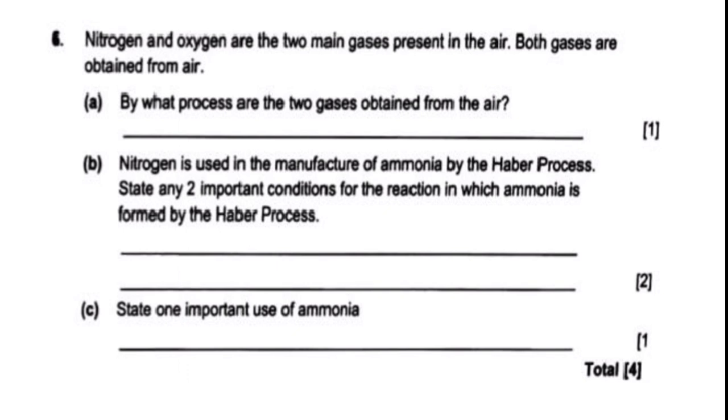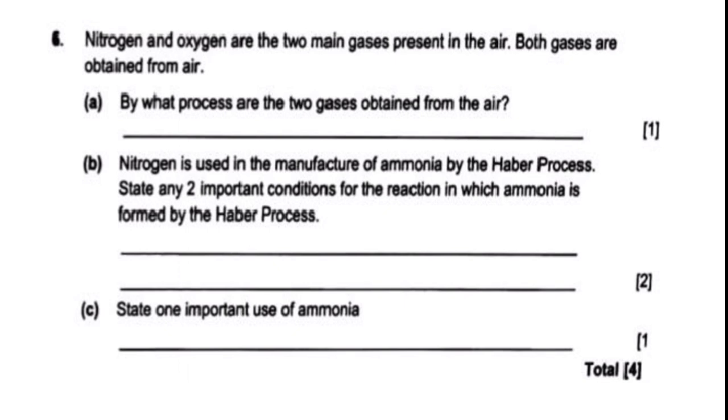Because their composition is higher than other gases. The composition of nitrogen is 78%. The composition of oxygen is 21%, compared to the composition of carbon dioxide and inert gases.